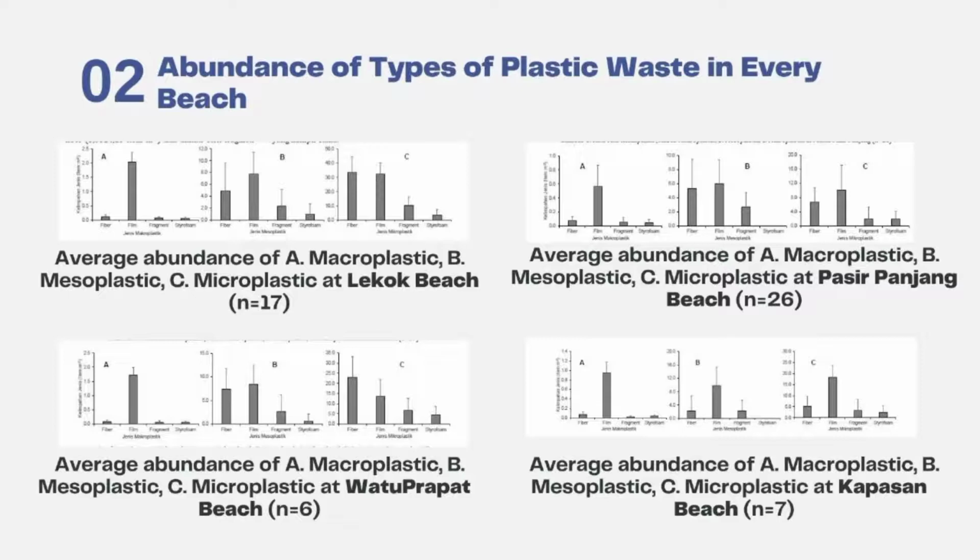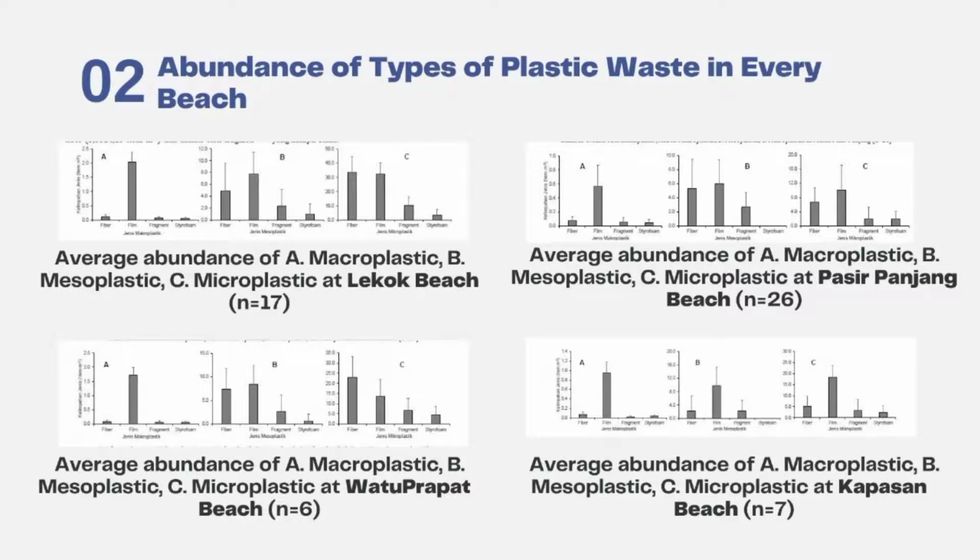B. Pasir Panjang Beach. Variation in abundance of macro and mesoplastic categories in Pasir Panjang Beach, figures A and B, almost resembles the pattern on Lekok Beach. The abundance of film types in the microplastic category was found to dominate, followed by fiber, fragments, and lastly styrofoam.